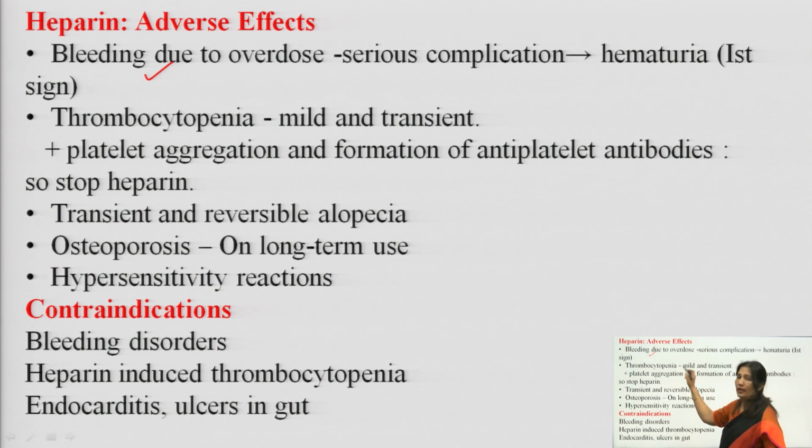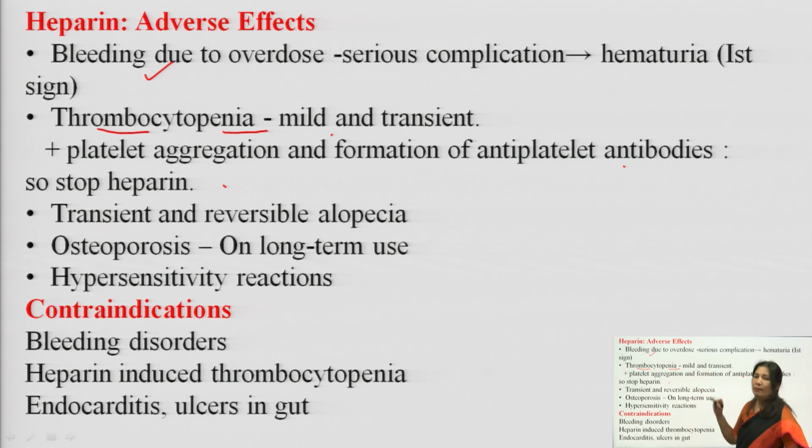Another is thrombocytopenia, as I have told that it causes platelet aggregation and formation of antiplatelet antibodies. So, it will cause mild and transient temporary thrombocytopenia, meaning deficiency of thrombocytes, platelets. Thrombocytes means platelets, penia means deficiency. So, it will reduce the number of thrombocytes.